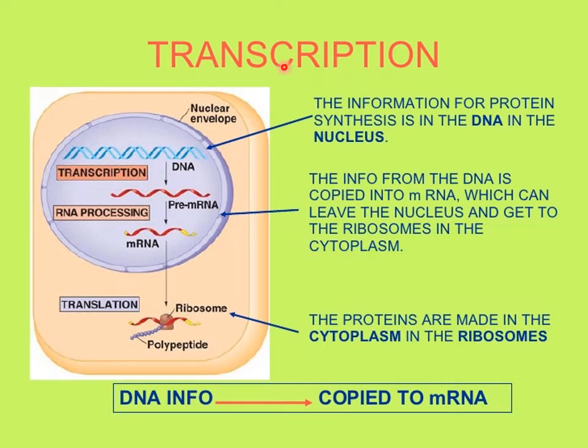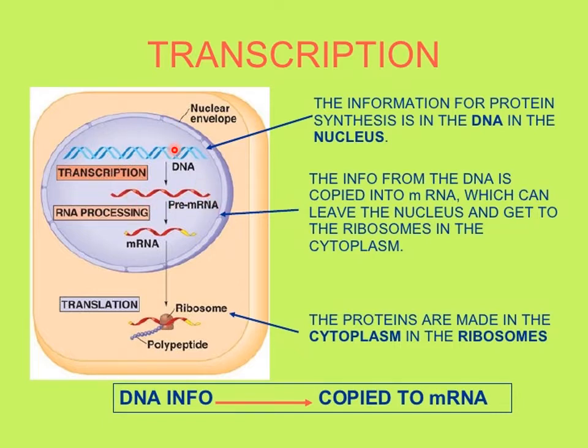Now here we see that transcription takes place inside the nucleus. What is transcription? That is the conversion of this DNA molecule into its information in the form of messenger RNA.